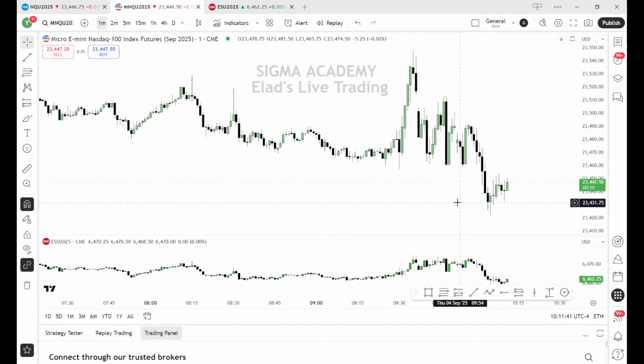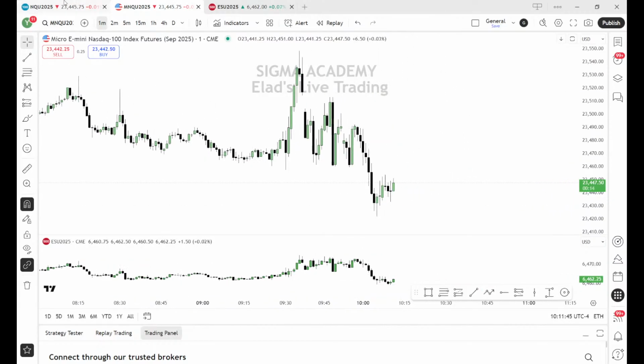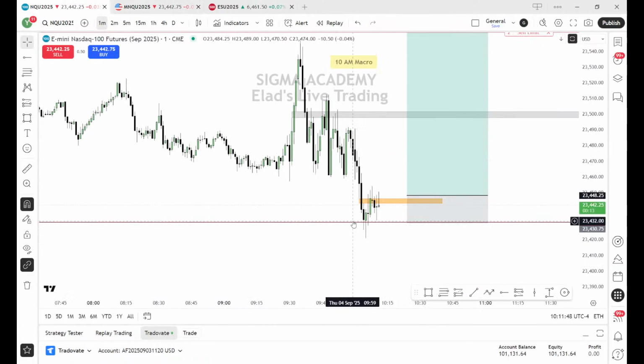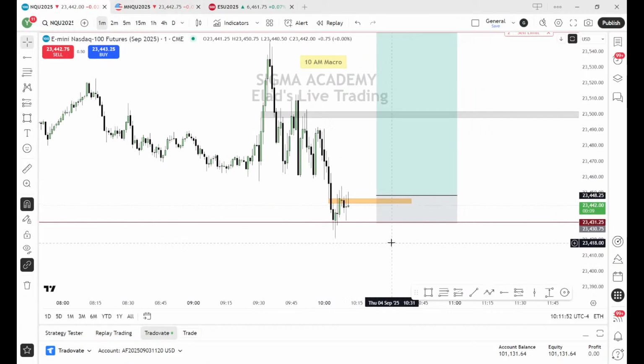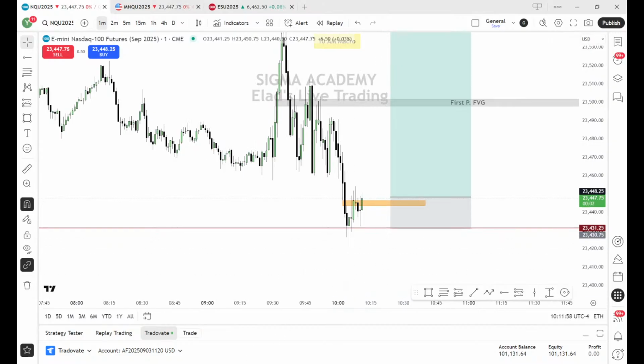He didn't go to this low. You can see low of the bodies on the NQ. It just did. Strange. What happened here? Okay, we are breaking structure to the upside.